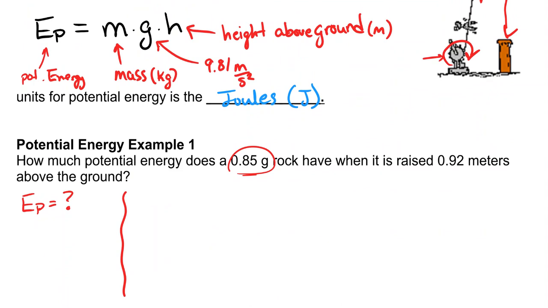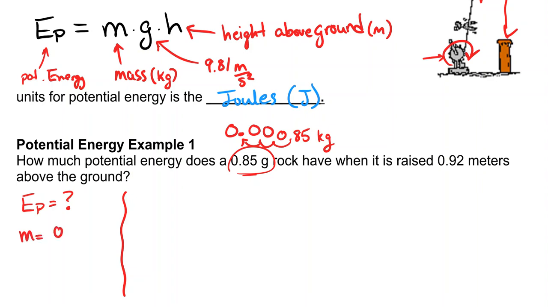When we go back to our data booklet and see grams and kilograms, there's a difference of 3, right? So I want to turn this small unit into a big unit. I'm going to have to move 0.85 to the left 3 times. So it's going to turn into 0.00085 kilograms. Okay.